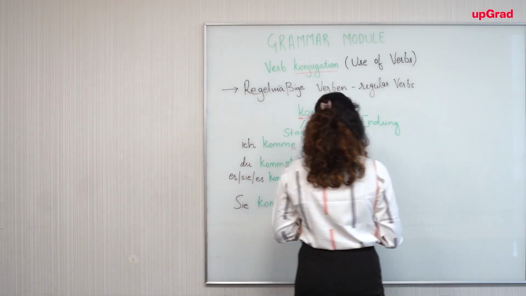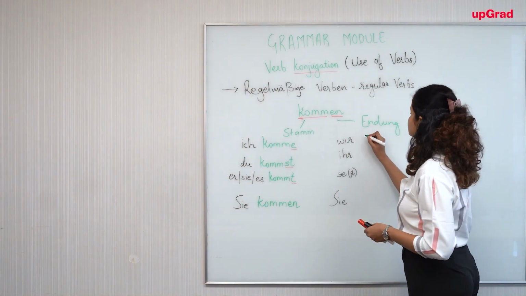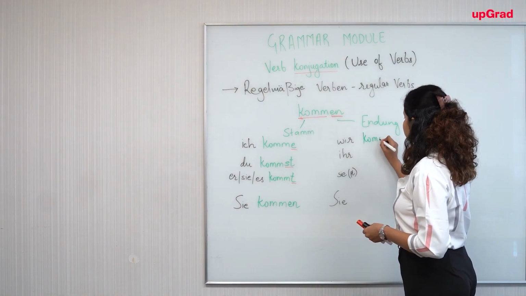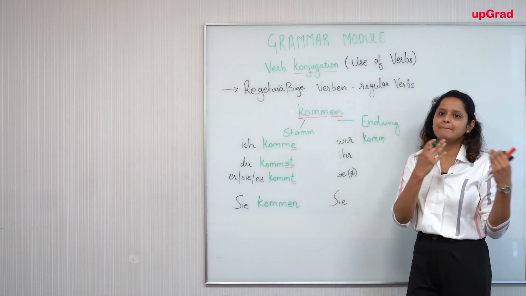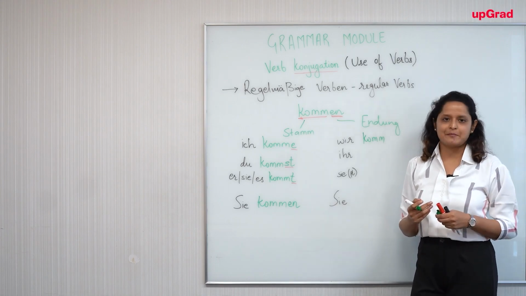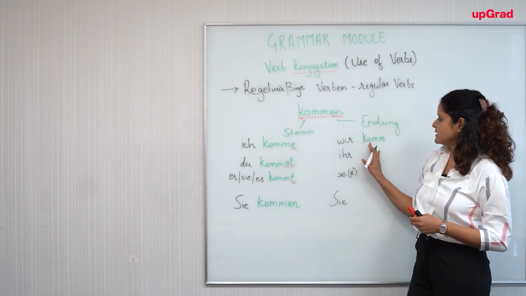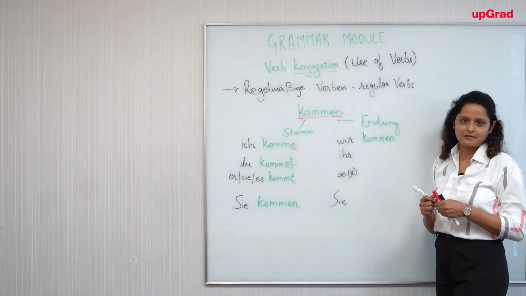Let's move to the plural. With wir, the stem remains the same. Wir is who? My first person plus somebody along with me. So let's say I plus my family. This becomes komm, and the ending will again remain the same.